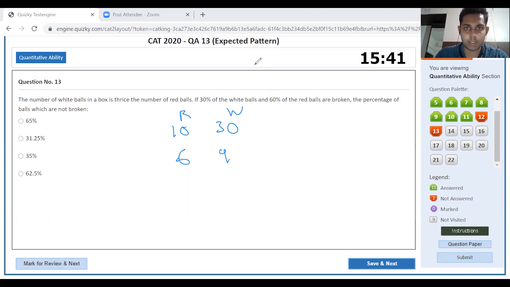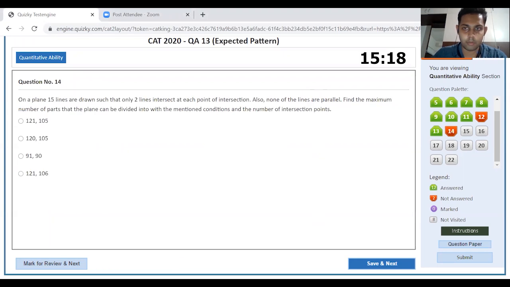So that is 26 by 40. I'll just quickly take out the calculator and do 26 divided by 40. So I'm getting 0.65. Go ahead.